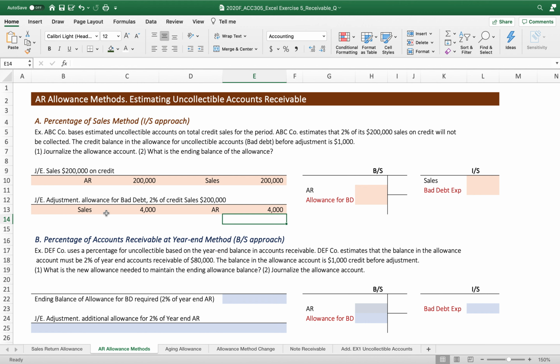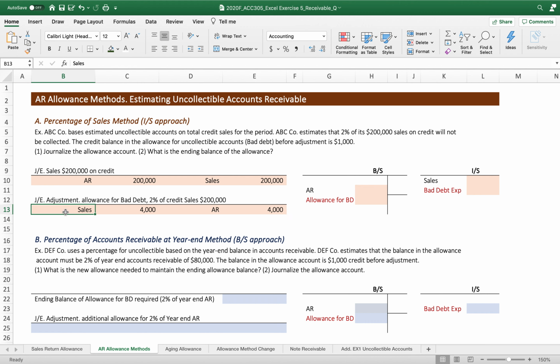We cannot, because this 2% provision is just an estimate. We have past data showing 2% was not collected, but we cannot guarantee that this 2% of sales will not be collected for sure, because it is an estimate.